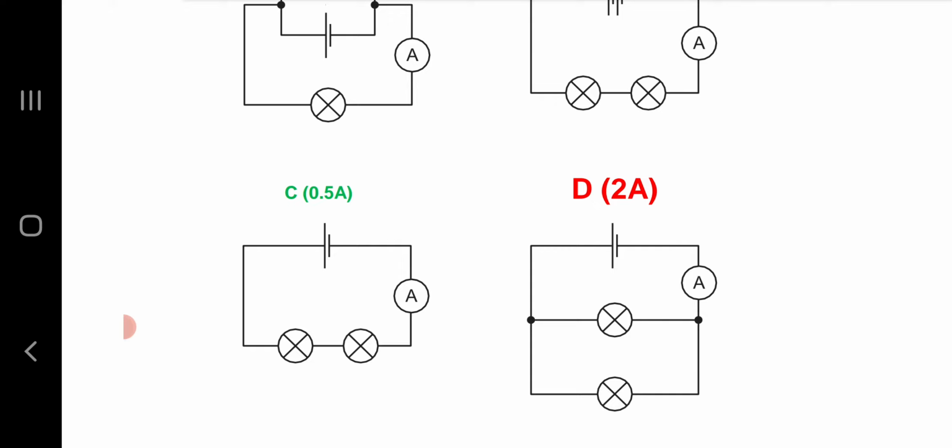In other words, the effective resistance of these two bulbs becomes one half, and as the effective resistance has become one half, the current will become double, so it is 2 ampere in option D.